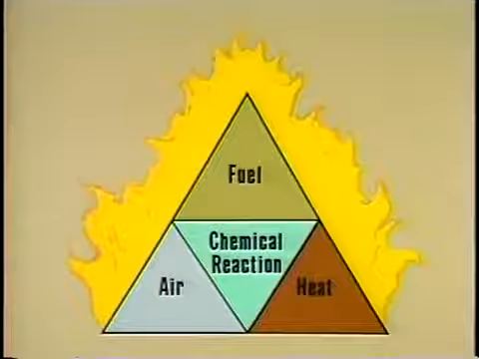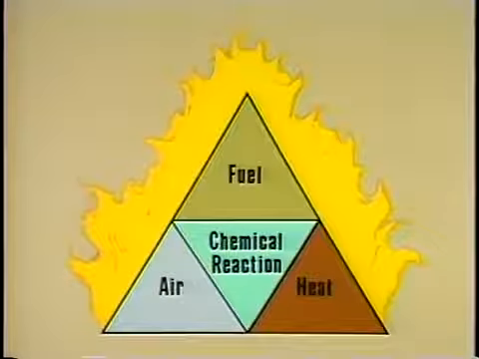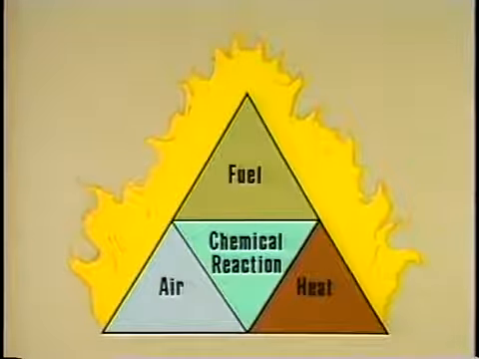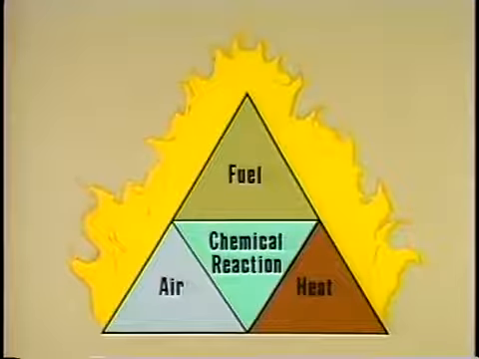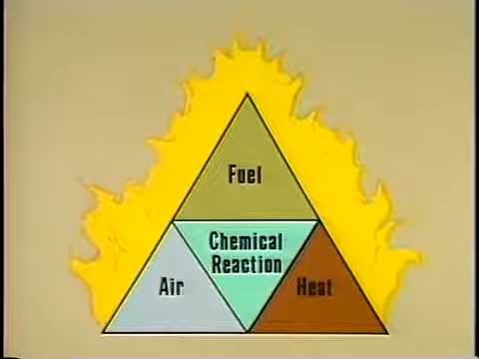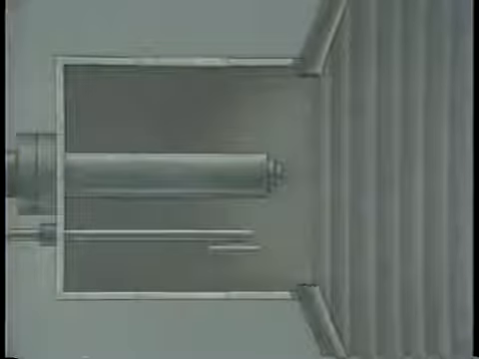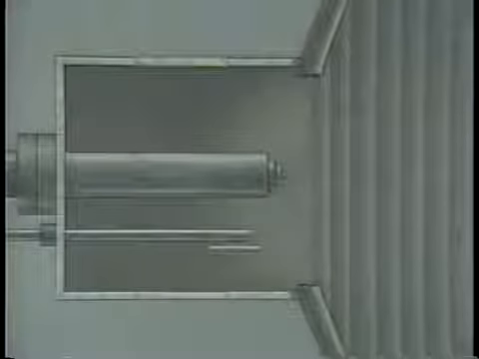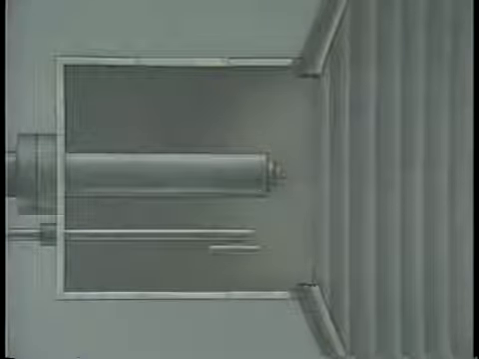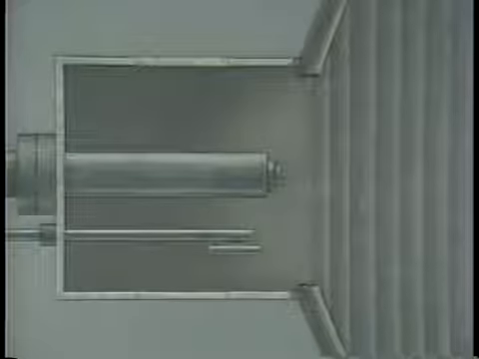Startup is one example. As you know from earlier training, fuel, air, heat, and a chemical reaction are the four basic requirements for combustion. As this simplified diagram of a burner port illustrates, in preparation for startup, an operator first sparks igniters to provide the heat source to start the combustion process.